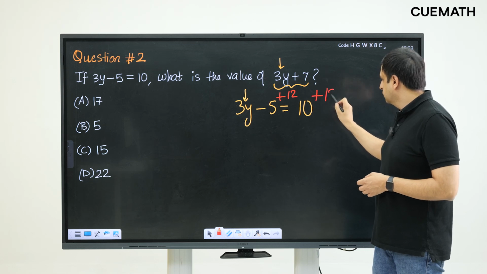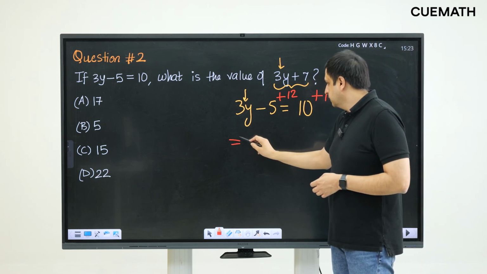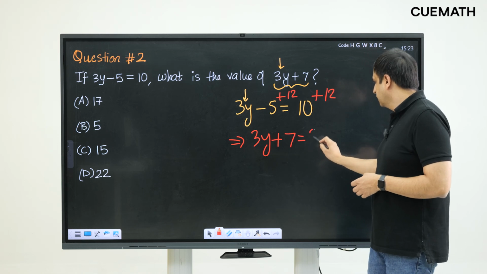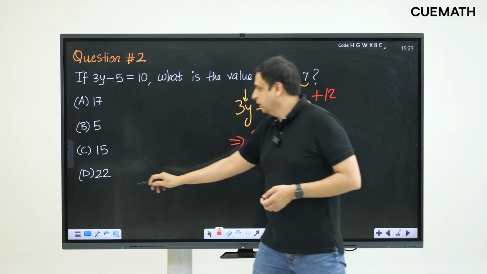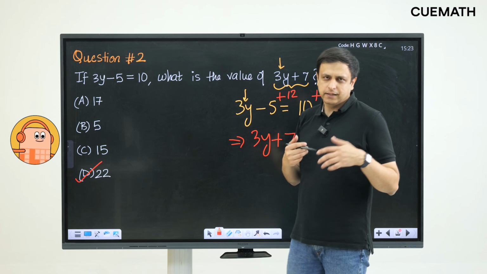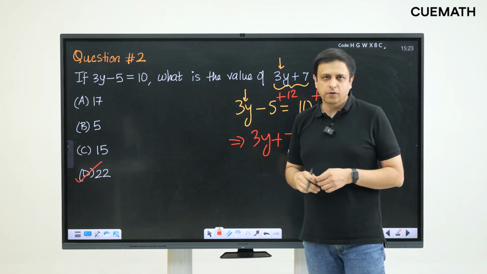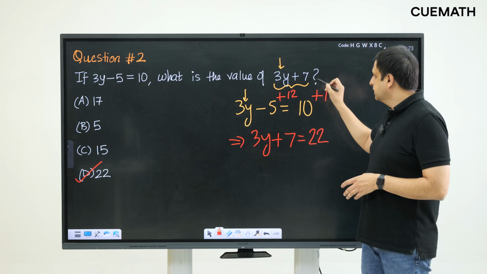So we add 12 on both sides, and that simply gives us 3y plus 7 is equal to 22. So 22 is our answer. Find only what you need to. You did not need to find the value of y in this case, you just needed to find the value of 3y plus 7.